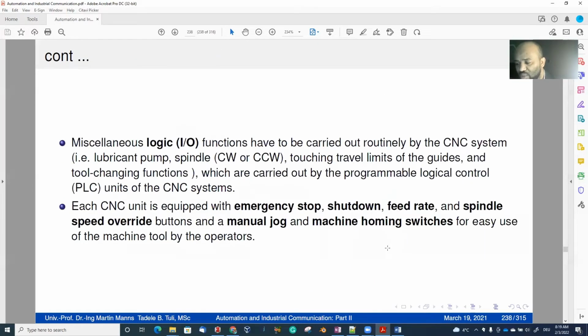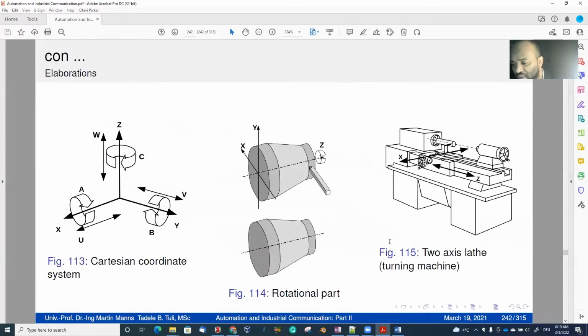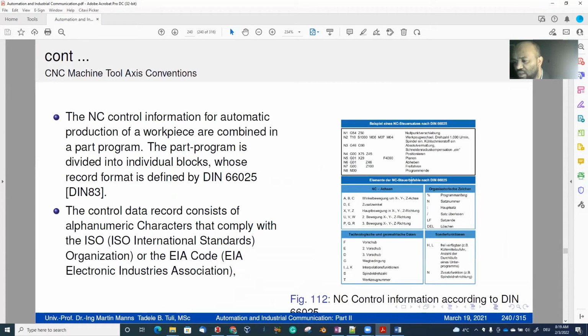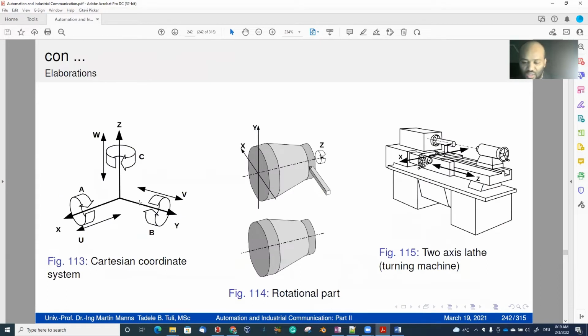In these machine tools, we have some conventions, according to DIN 66025, mentioned here. There is the axis denotation, and it says you have to assign the x-axis.